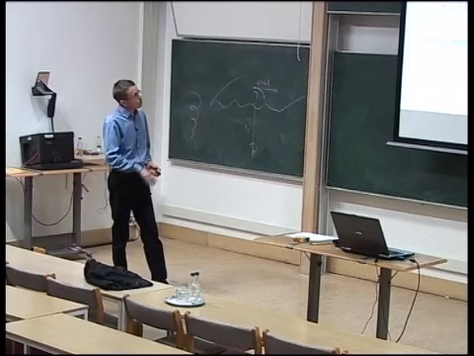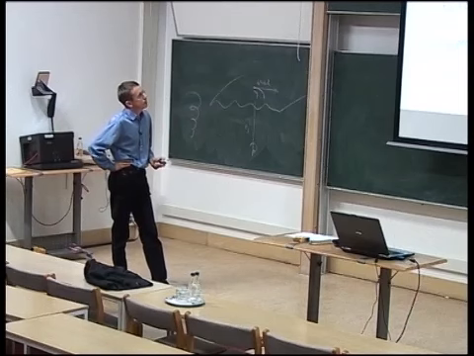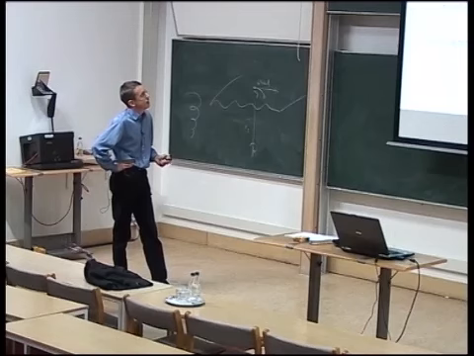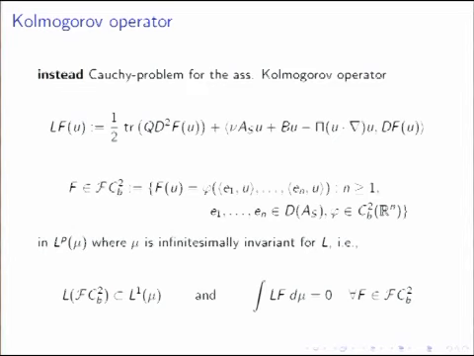So the Kolmogorov operator can be formulated or rigorously defined, for example, on these finitely based smooth test functions. And we would like to solve the Cauchy problem associated with this operator in a suitable function space. And it turns out that a suitable function space is an L^p space induced by so-called infinitesimally invariant measures for this operator L. So these are measures which satisfy this condition.